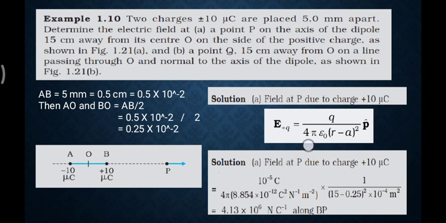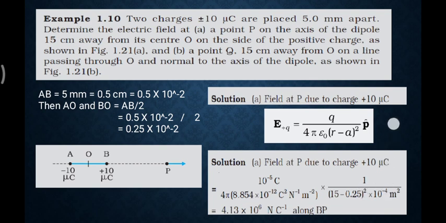4 pi epsilon 0 is 8.85 into 4 pi into 10 to the power minus 12. The r is 15 into 10 to the power minus 2. I am taking common on the side, but the whole 10 to the power minus 2 squared will be 10 to the power minus 4. A is equal to 0.25 into 10 to the power minus 2, and this 10 to the power minus 2 goes outside with the square, so it is 10 to the power minus 4.